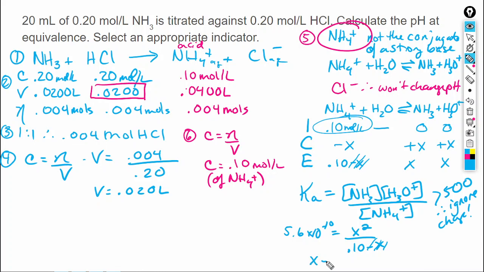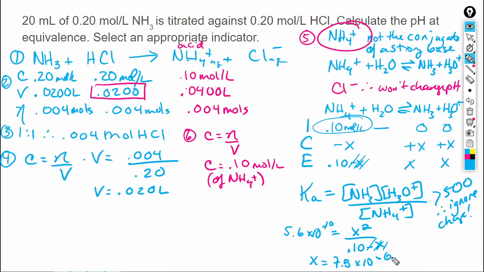So now, solving for x: 5.6 times 10 to the negative 10 times 0.1, and then I want the square root of that. And it's plus or minus 7.5 times 10 to the negative 6.